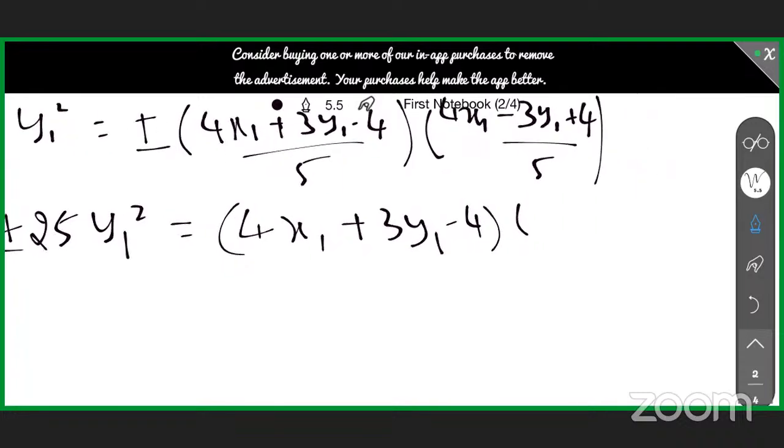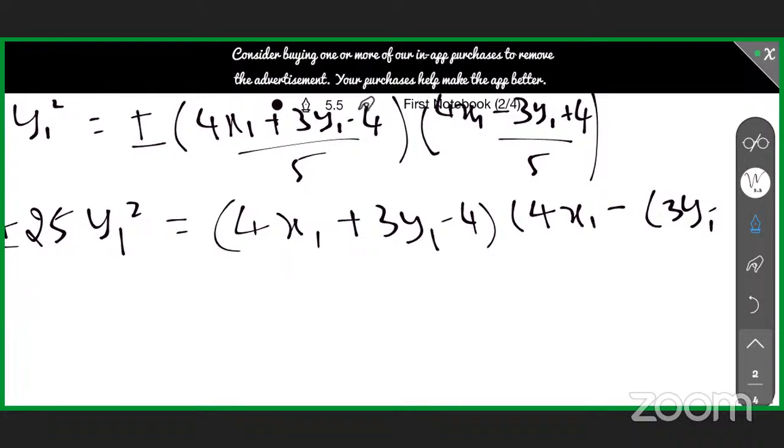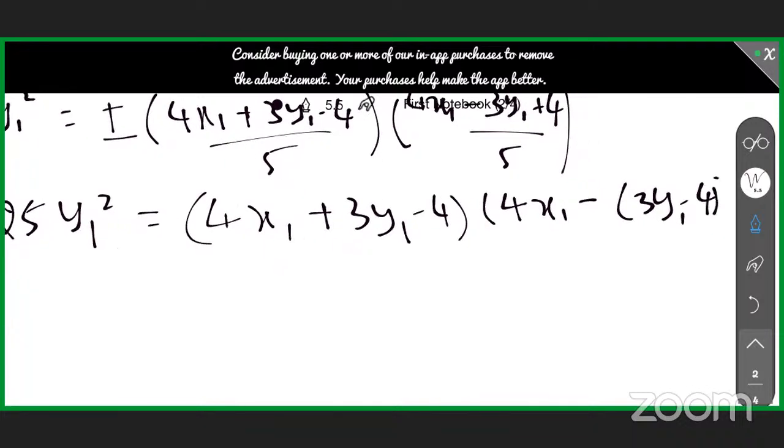If you take carefully here, 4x1, I take minus common. If I take minus common, this will become 3y1 minus 4.